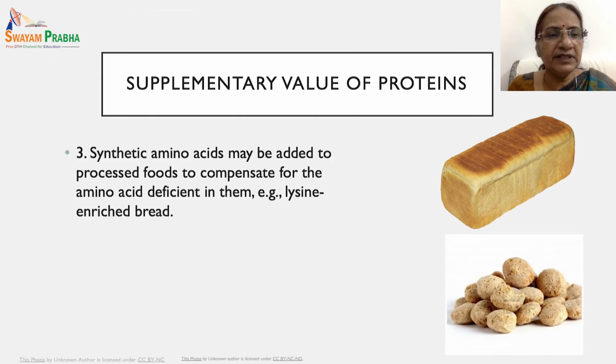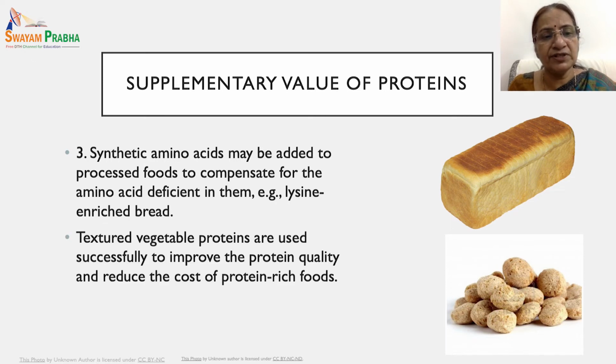Now the third method is that synthetic amino acids may be added to processed foods to compensate for the amino acid deficient in them. For example, lysine enriched bread. Textured vegetable proteins are used successfully to improve the quality of protein and reduce the cost of protein rich foods.